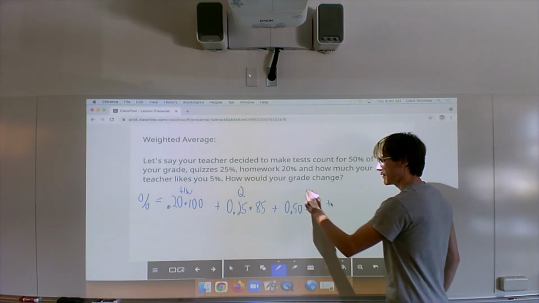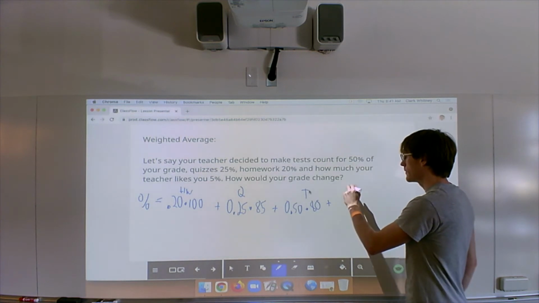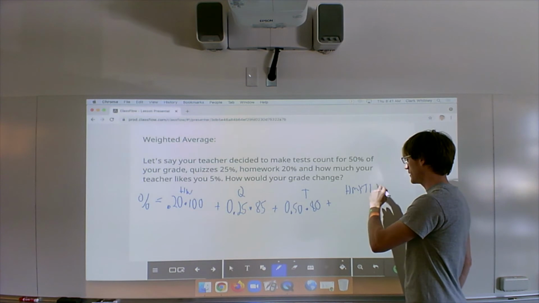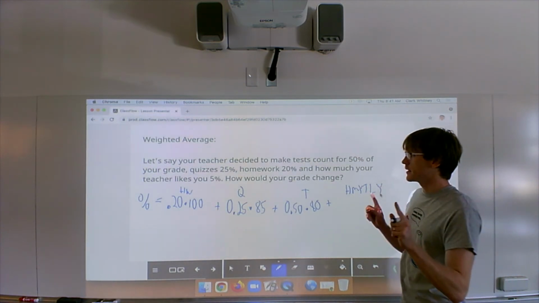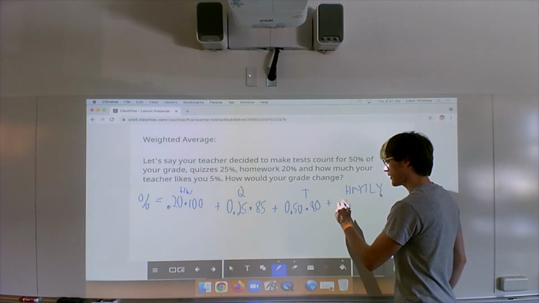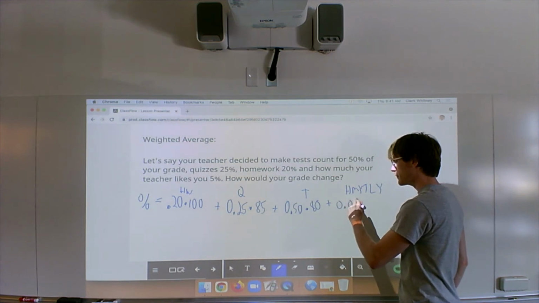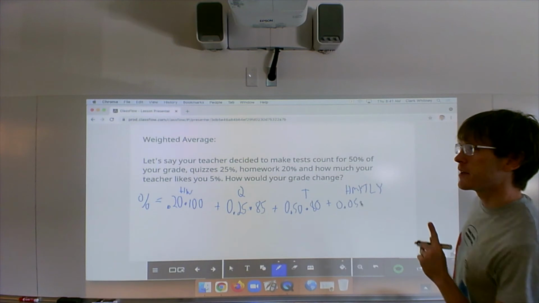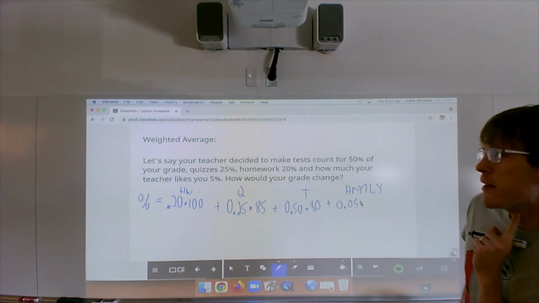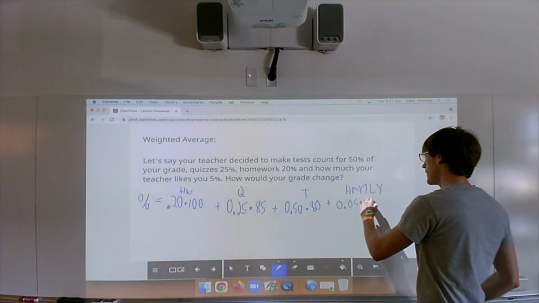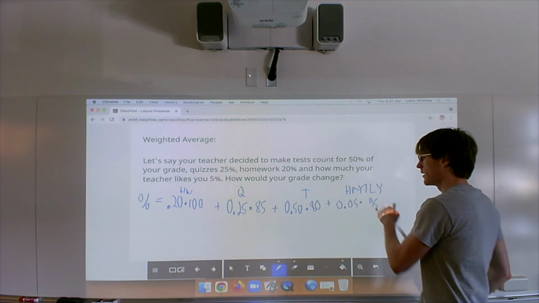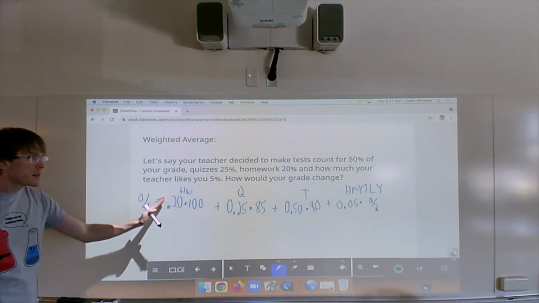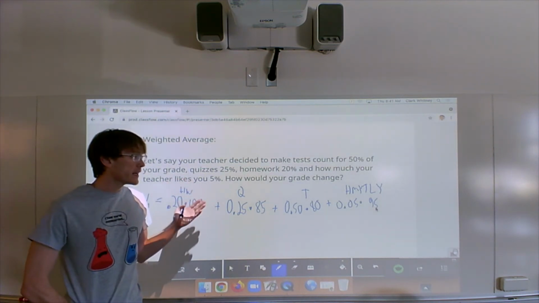And now, this is for tests, and now the how much your teacher likes you. That is 5%, so that's going to be 0.05 times a 95% score in that. So this is what we call our weighted average.